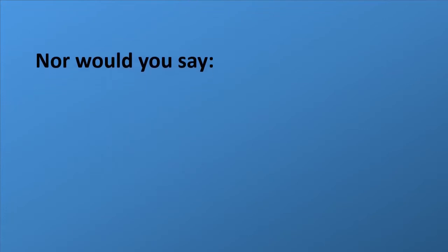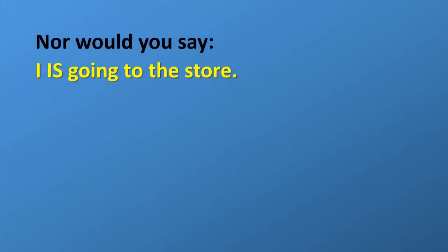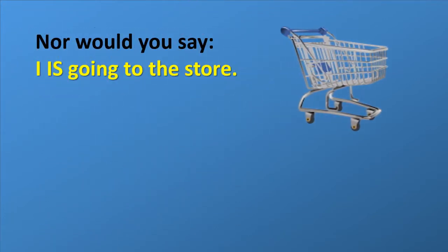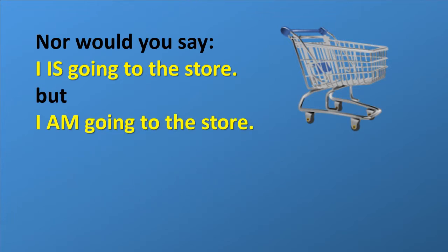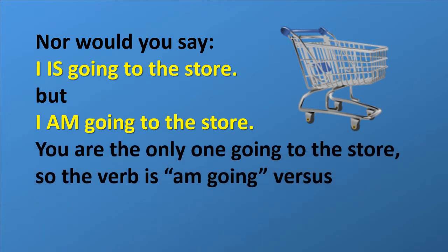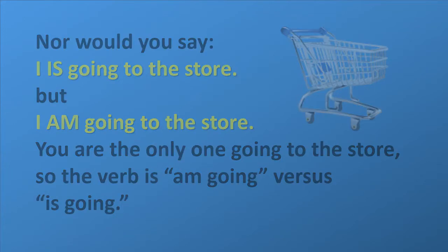Nor would you say, I is going to the store, but I am going to the store. You are the only one going to the store, so the verb is am going versus is going.